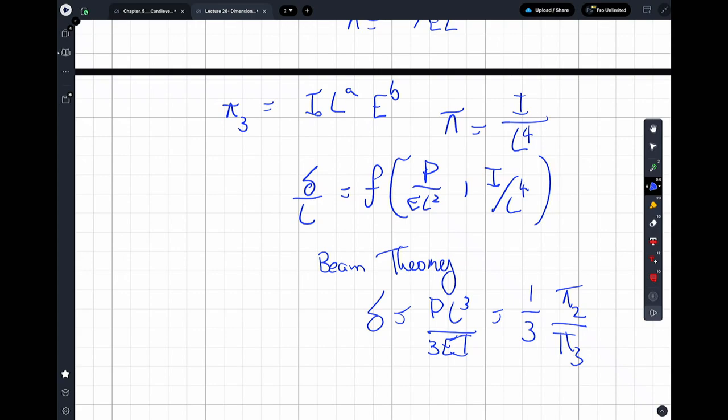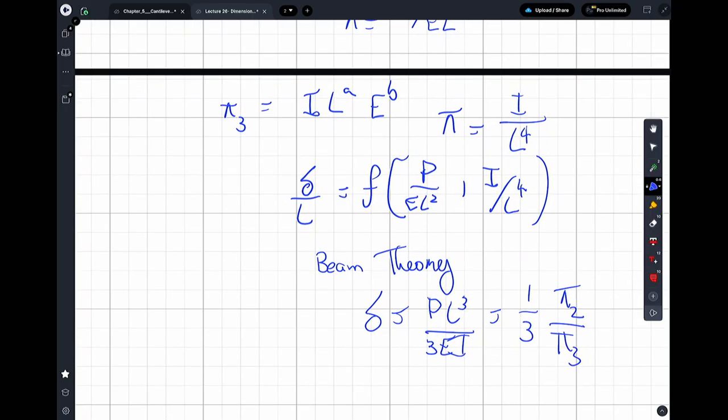What's really impressive here is that without knowing very much about the problem, other than the step where I said M and T are not useful variables, I'm able to get something that matches pretty well, and the pi groups actually match up with what's expected.